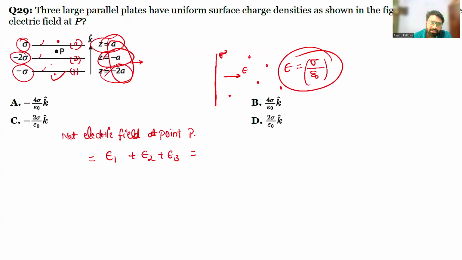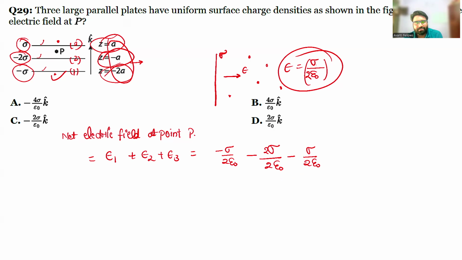We have to put that according to the sign given in the charge density, because the sign of the charge density represents the direction of the electric field. Here we can say minus sigma upon 2 epsilon naught. So this will be minus 2 sigma upon 2 epsilon naught, minus sigma upon 2 epsilon naught.